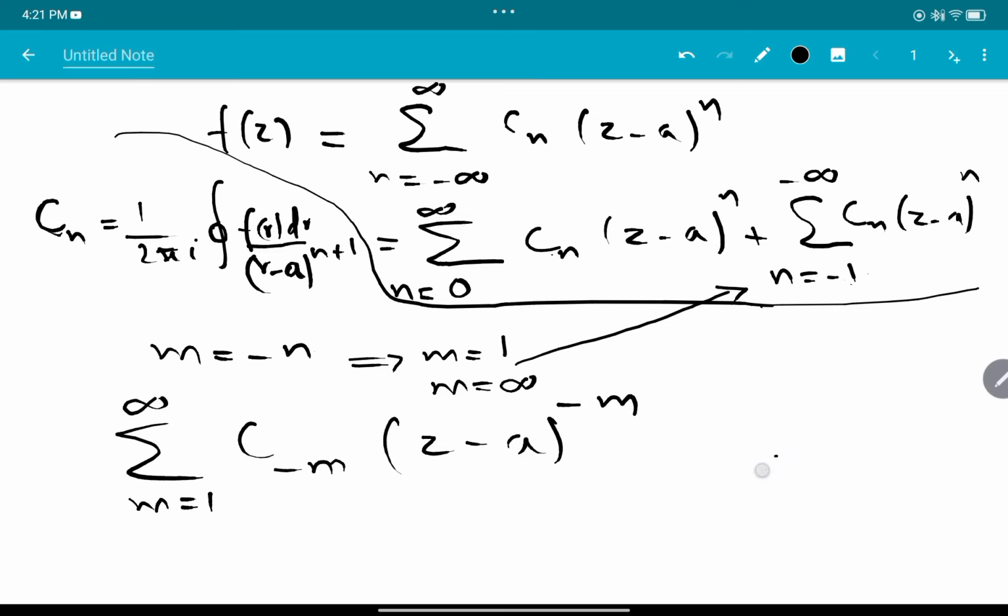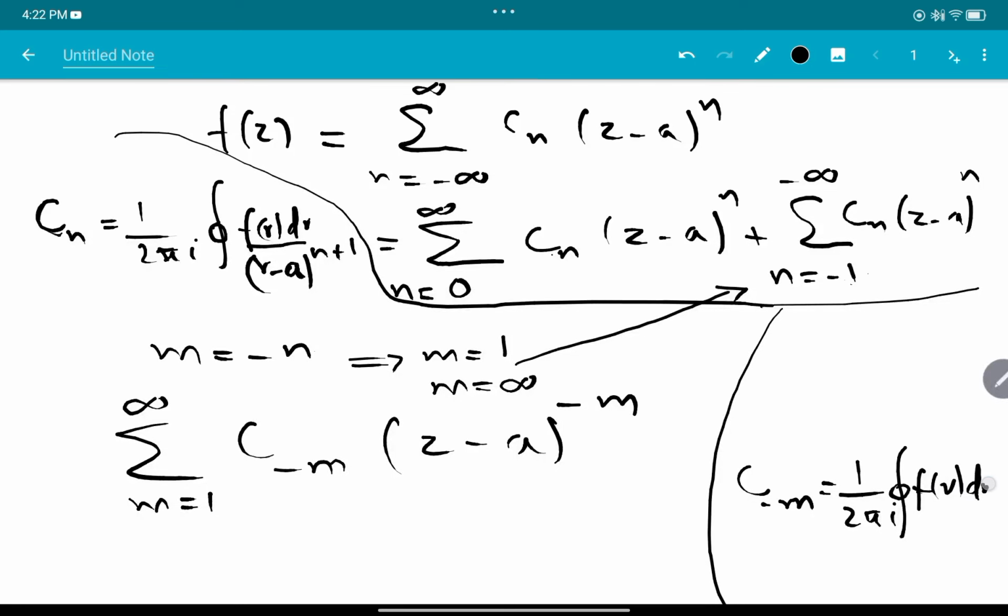It will be c_(-m) equal to 1 by 2 pi i, the integral of f(gamma) d gamma divided by (gamma minus a) raised to n plus 1, where n is to be replaced by minus m, so minus m plus 1.